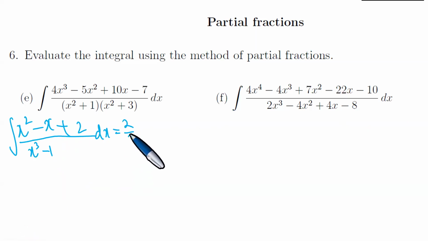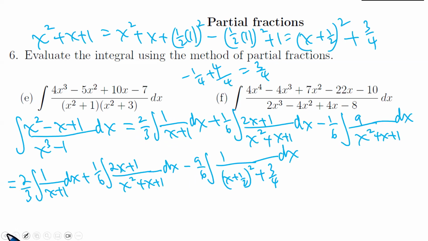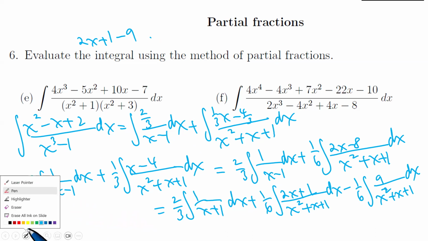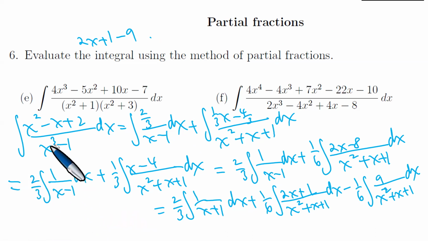Two-thirds 1 over x plus 1. Why is it x plus 1? It must be x minus 1. So this is x minus 1, from the x cubed minus 1.